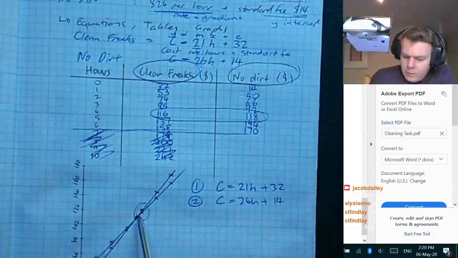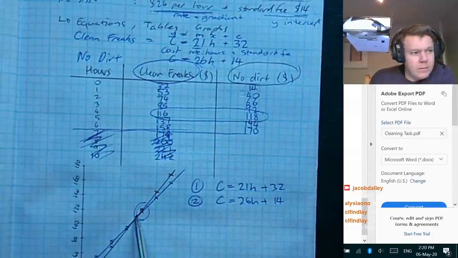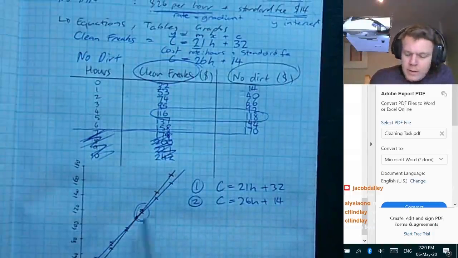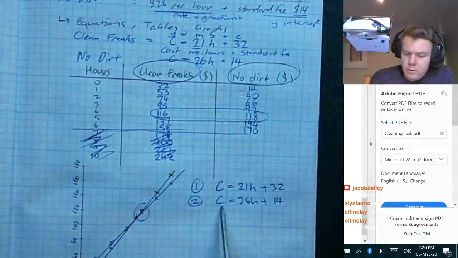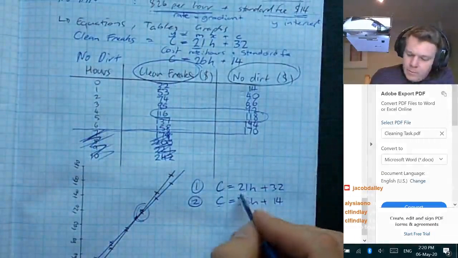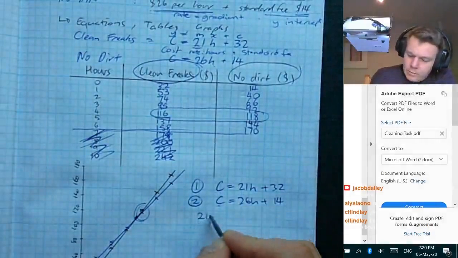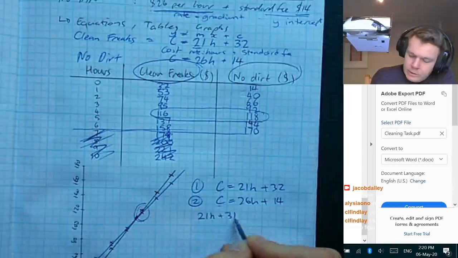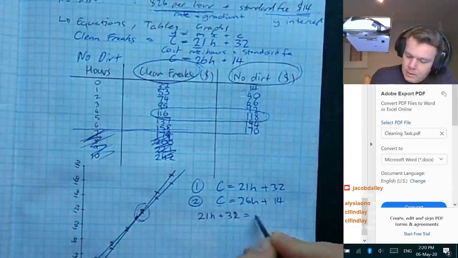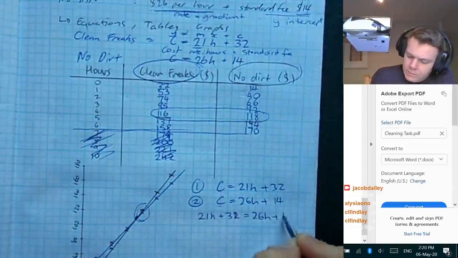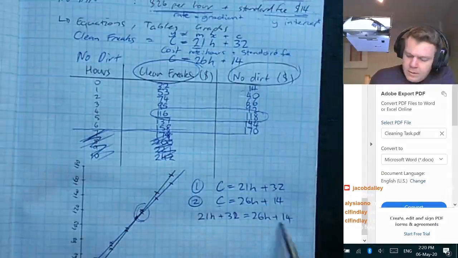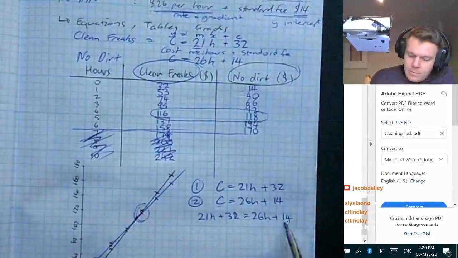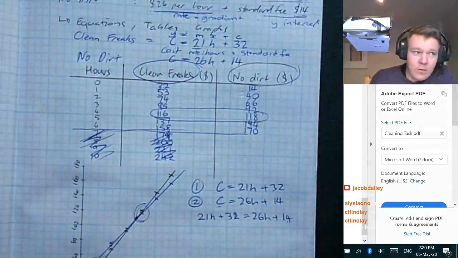So to find the point where they intersect, that'll be the moment that the costs are equal. So we can set these equations equal to one another. 21H plus 32 equals 26H plus 14. And now this is the same as an x's on both sides problem.